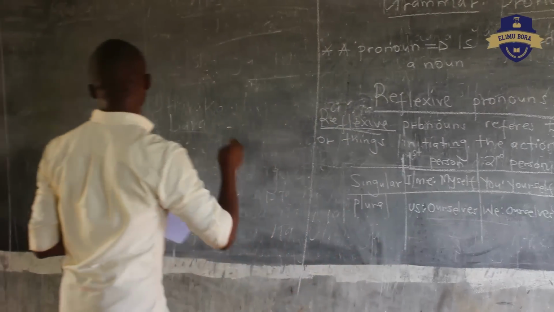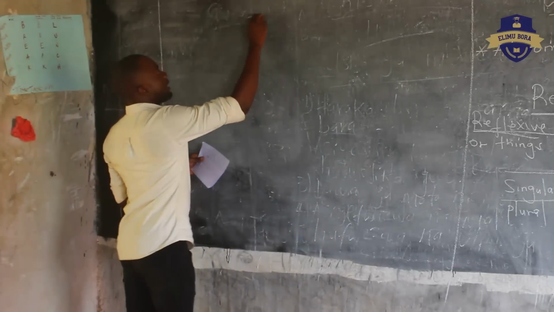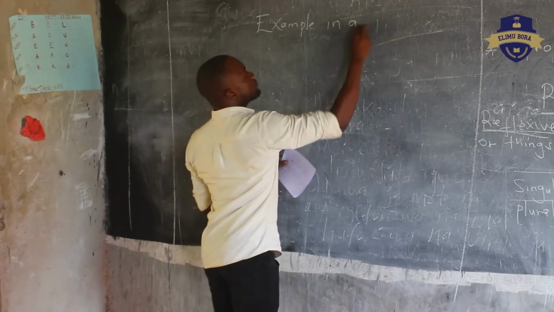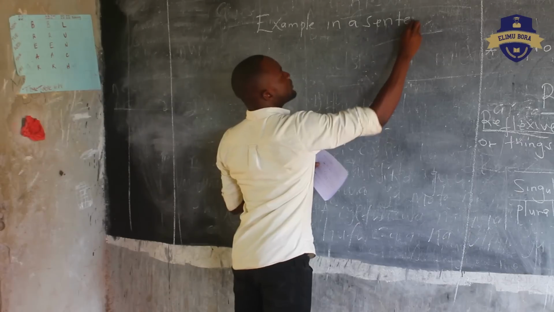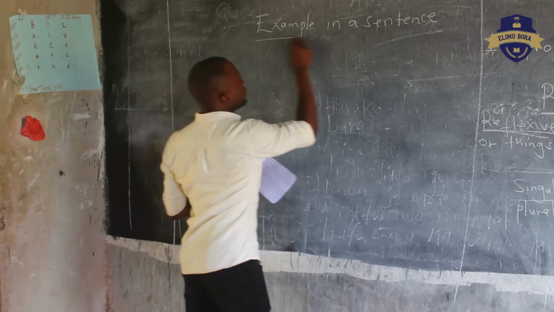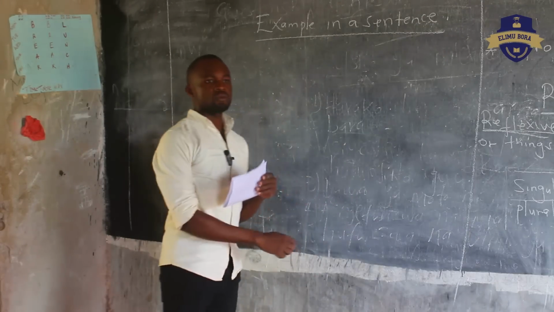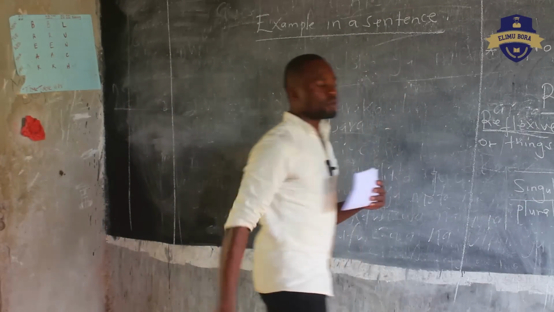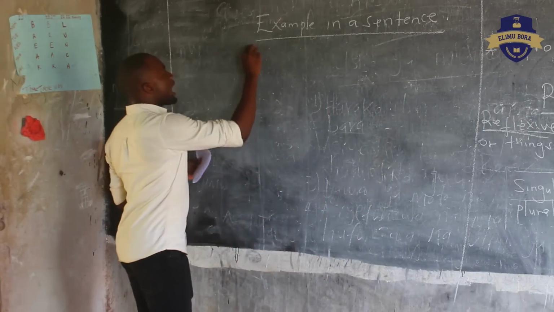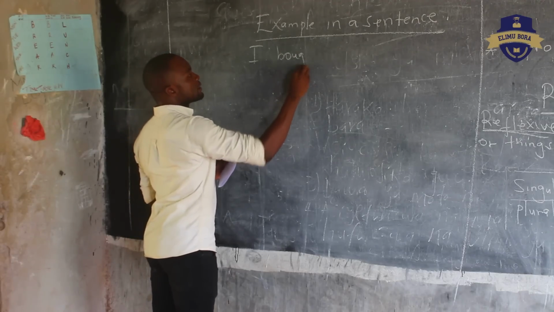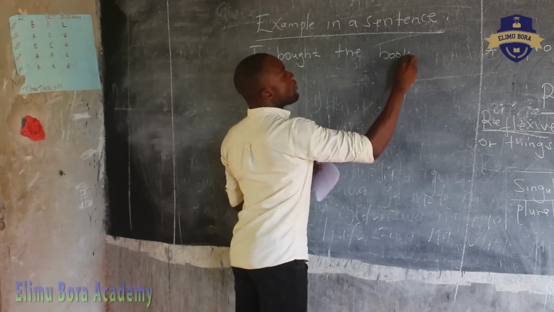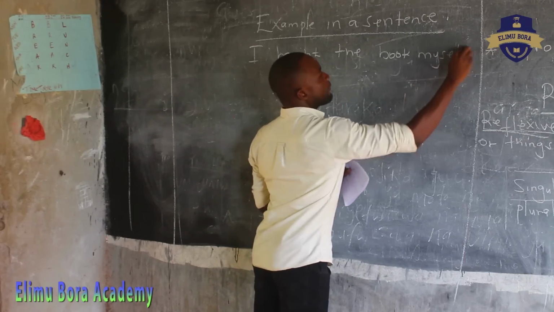Example in a sentence. You can use the first person. You say, I bought the book myself.